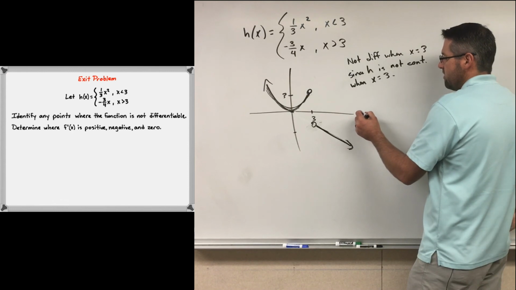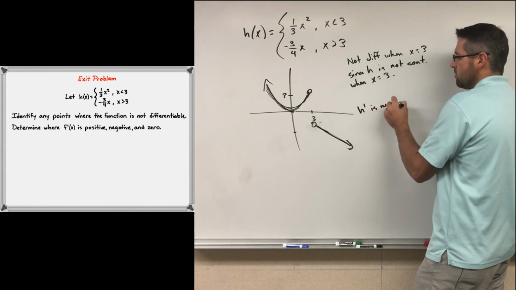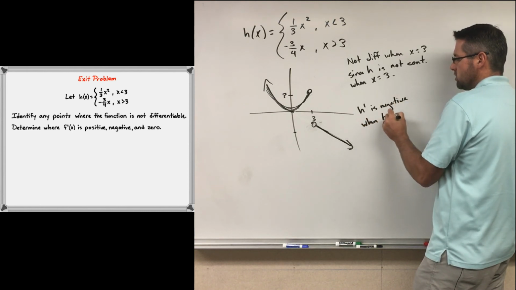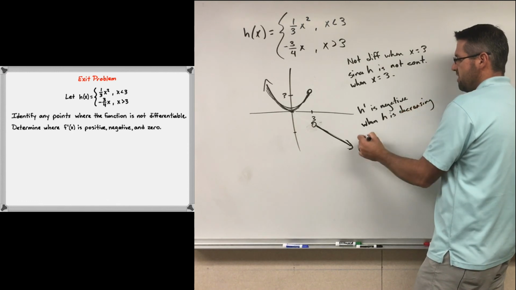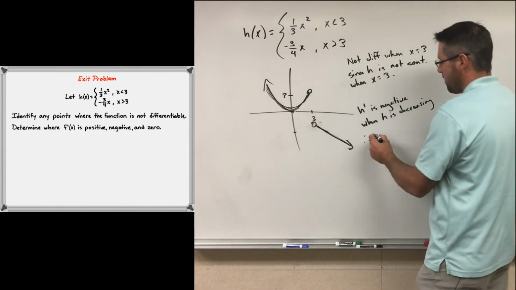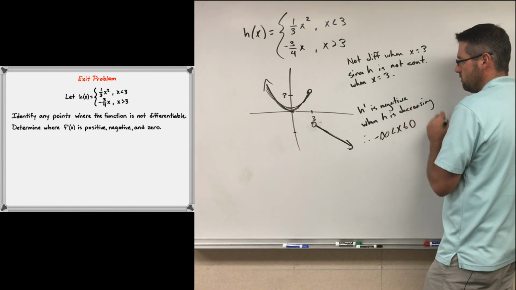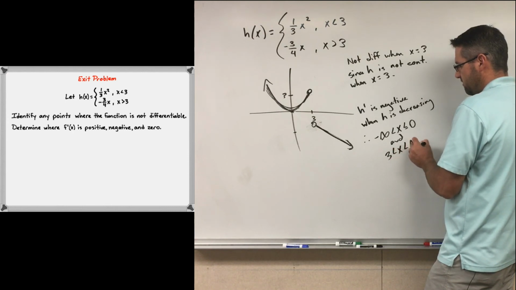And so we can see where we are decreasing. We could say that h prime is negative when h is decreasing. Therefore, where is it decreasing? It's decreasing here, so we would say from negative infinity less than x less than or equal to 0, and from 3 less than x less than infinity.